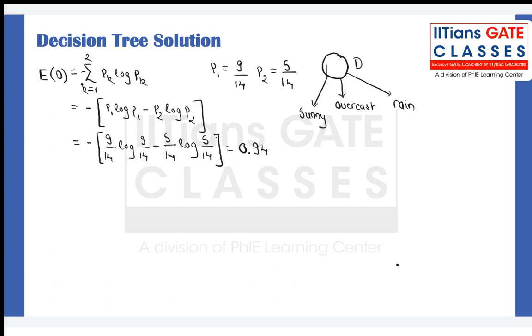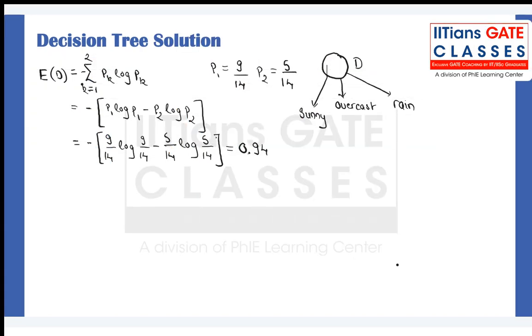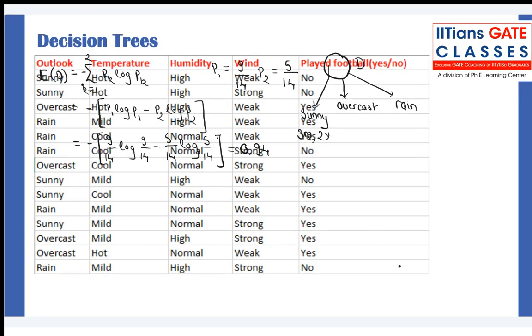When it is sunny, there are three no's and two yeses. If it is overcast, it is yes, yes, yes, yes, 4 yeses.